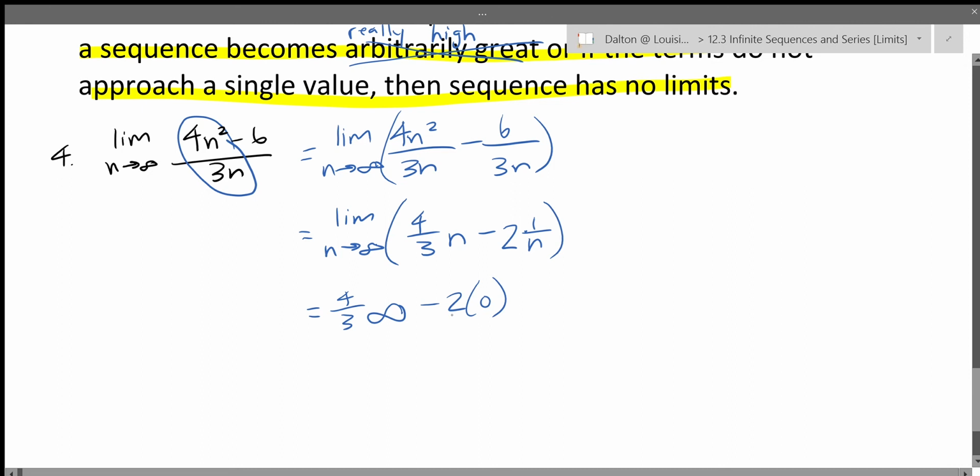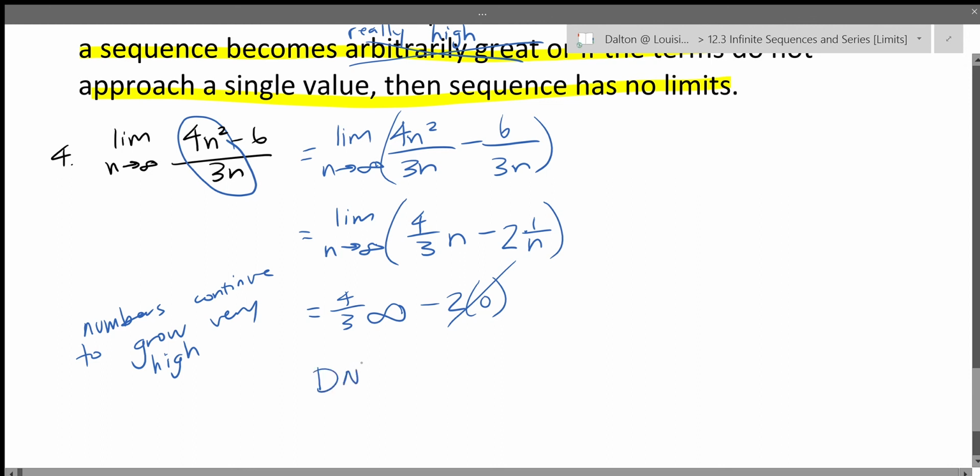So that term disappears, but this is the issue of it getting really, really high or arbitrarily great. This limit has no bounds. It's just going to continue. Our numbers are just going to continue to grow and grow and grow. Numbers continue to grow very high or arbitrarily great.